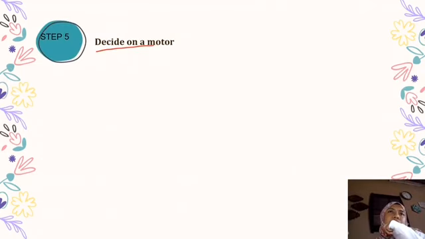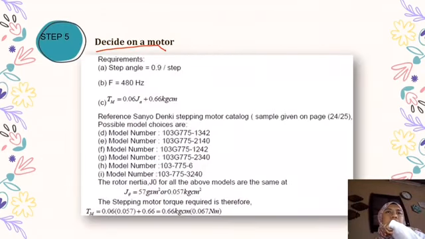Step 5 is decide on a motor, for which the requirement is step angle, F and TM. Reference is the Sanyo Denki stepping motor catalog sample given on page 24/25. Possible model choices are given like this, and the rotor inertia J0 for all of the above models is the same, J0 equal to 57 gram centimeter square or 0.057 kilogram centimeter square.